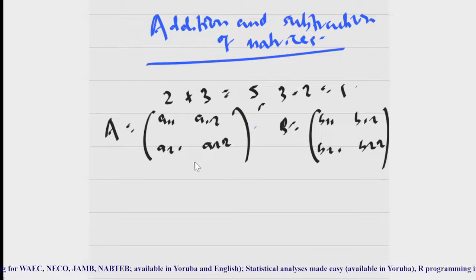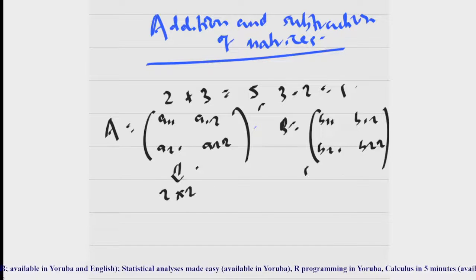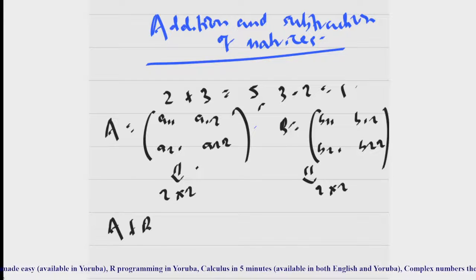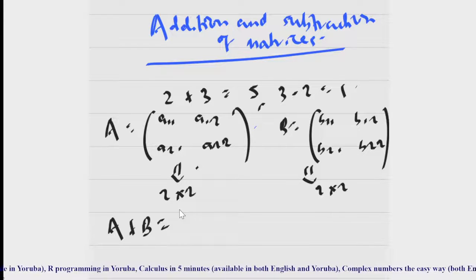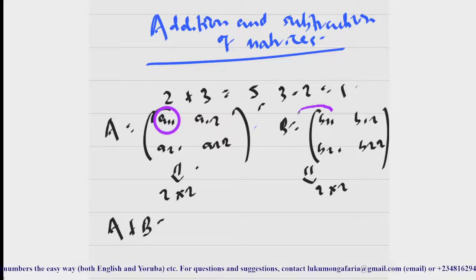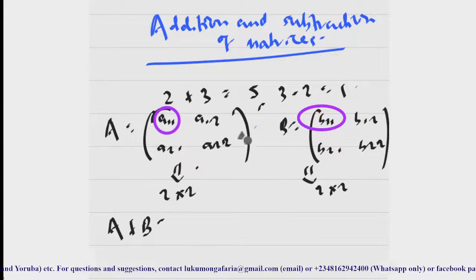So if you now want to add them together, once we are able to establish that the orders are the same, what is the order of matrix A? That is 2 by 2. So the order of matrix B is also 2 by 2. Since you were able to establish this, then you can add A plus B together. Then you add their corresponding elements together. So the first row, first column here, you add with the first row, first column of the same matrix.